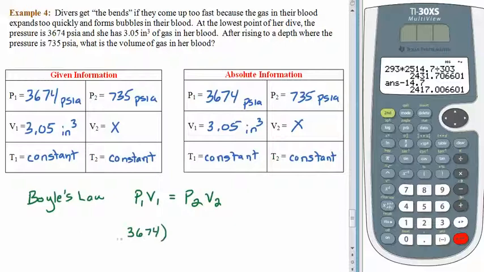3674 multiplied by 3.05 is equal to 735 multiplied by x. And you know how to solve this. You should finish this one off and then come back.